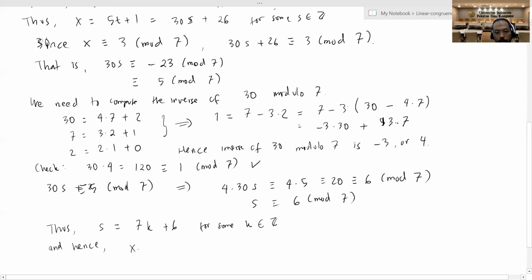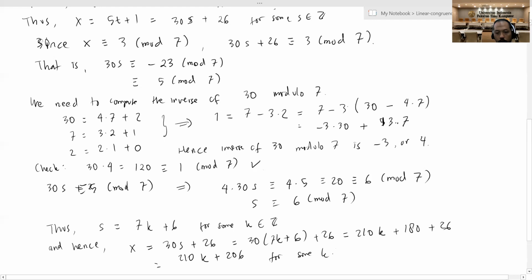Then x, which was equal to 30s plus 26, now becomes 30 times 7k plus 6 plus 26, which is of course 210k plus 180 plus 26, which is 210k plus 206, for some integer k.